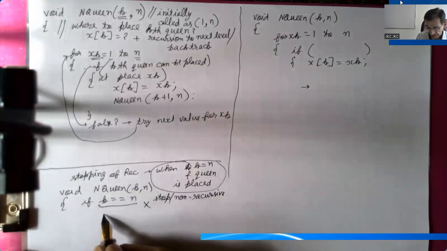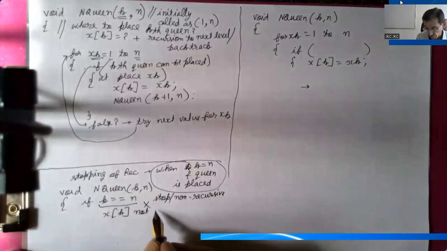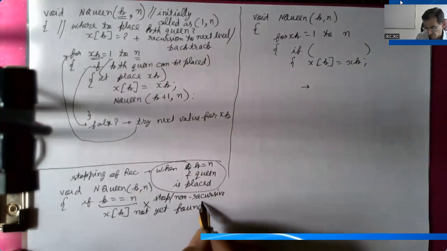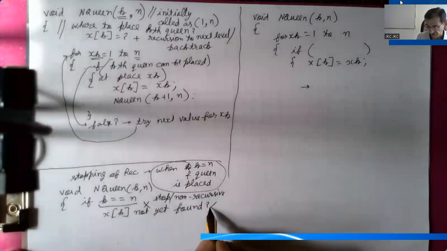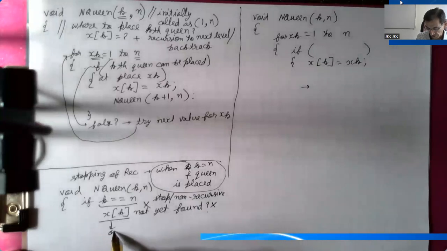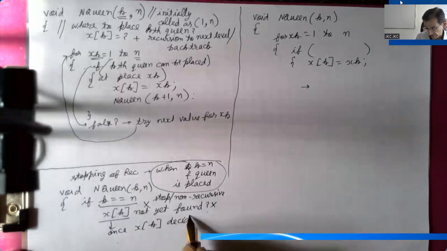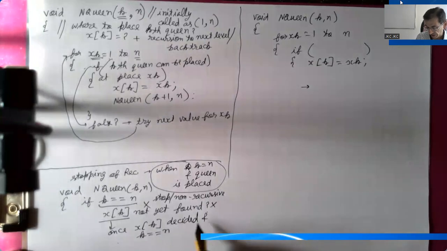Why? xk has not been found yet, and it is not guaranteed whether we will get xk or not. So at this point, initially, I can't decide. Once xk is found, only then can I say stop. Once xk has been decided and k is equal to n, that is the final answer ready.